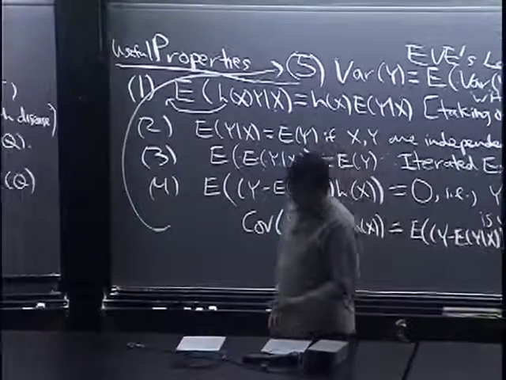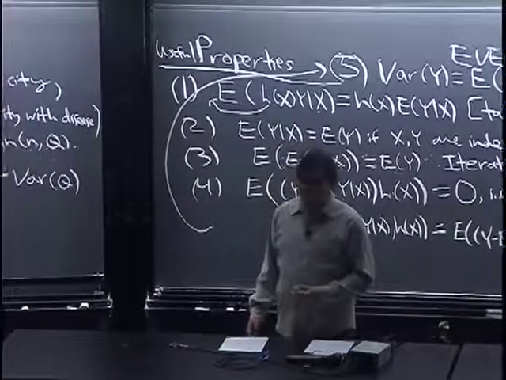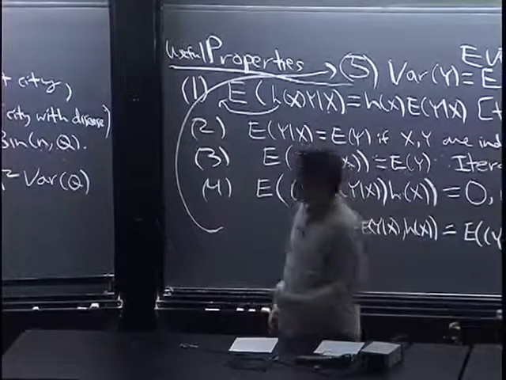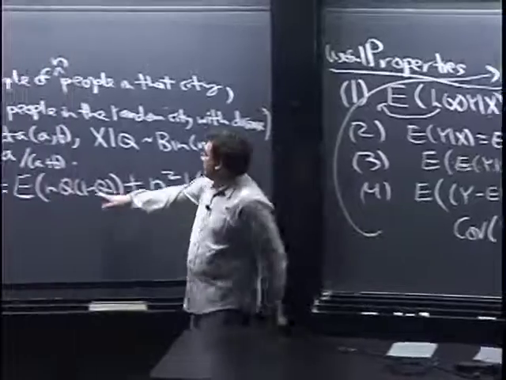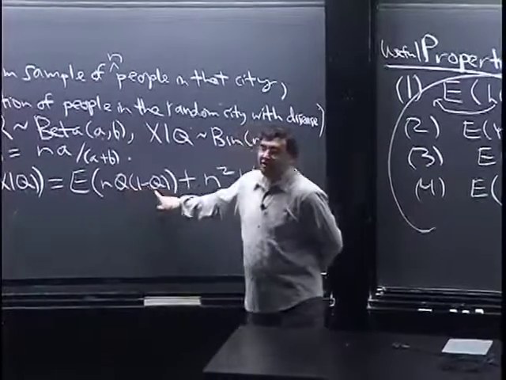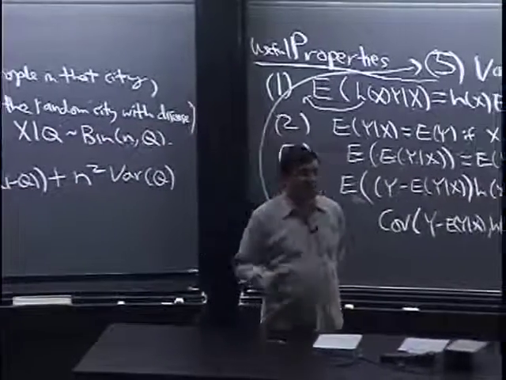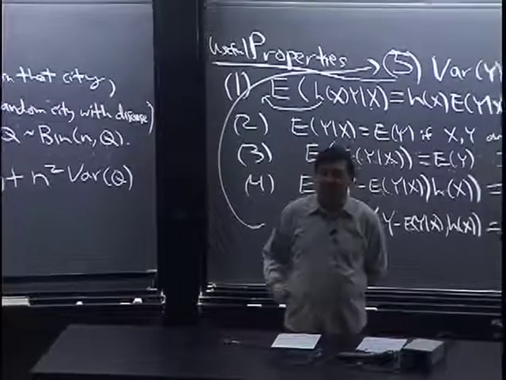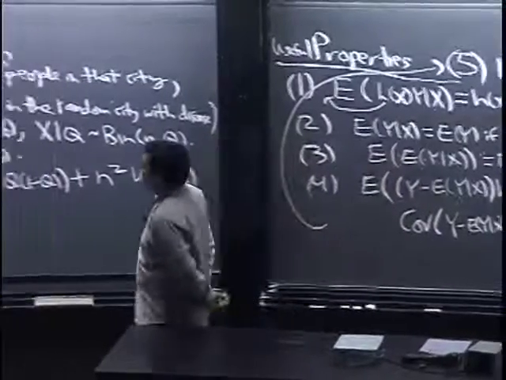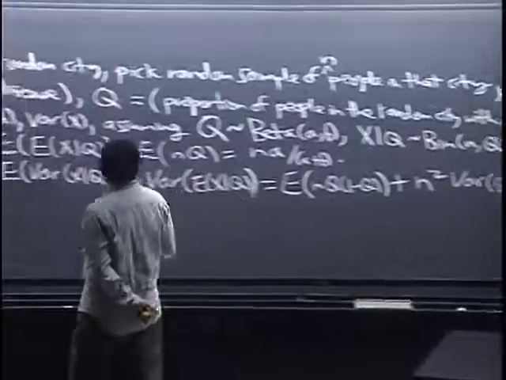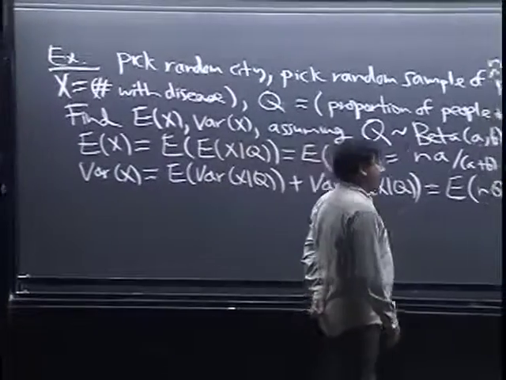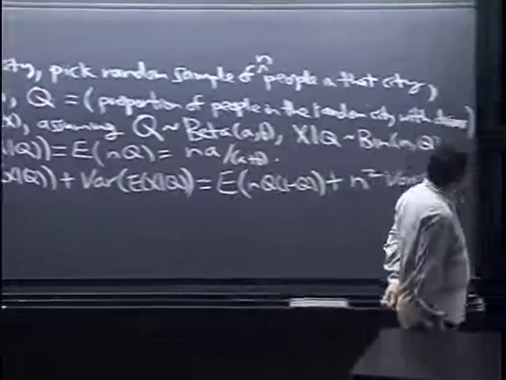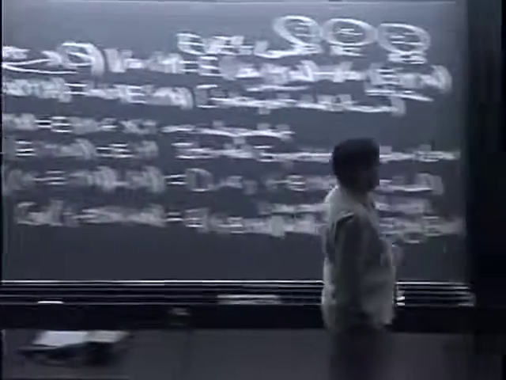And for the beta distribution, those things are actually both pretty easy, because when you see Q(1 minus Q), that kind of reminds you of what the beta looks like, right? So let's do those on the side.